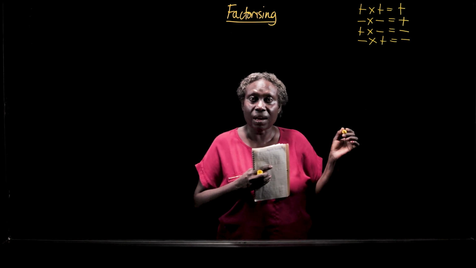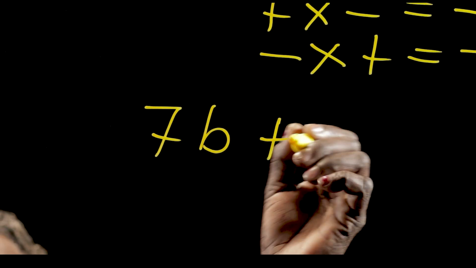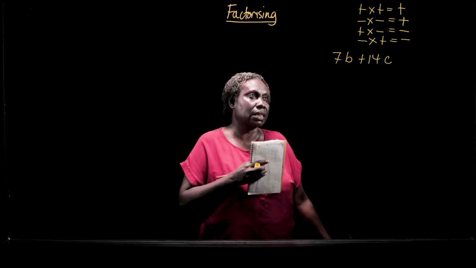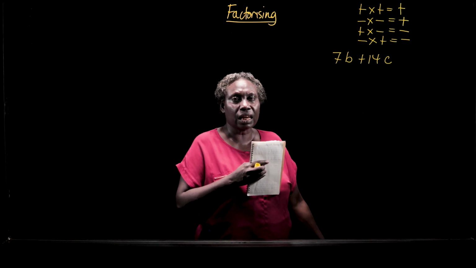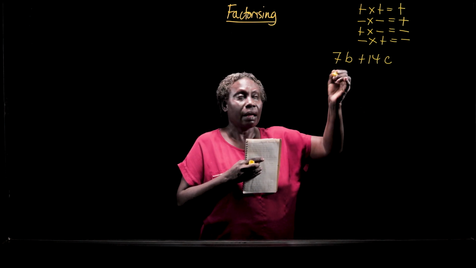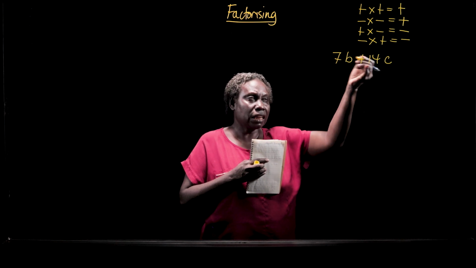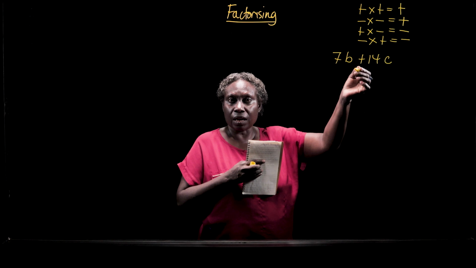Okay, let's look at the first example. 7b plus 14c. How do we factorize 7b plus 14c? The first thing that we do is to find the factors of each expression in these algebraic terms. What are the factors of 7b?